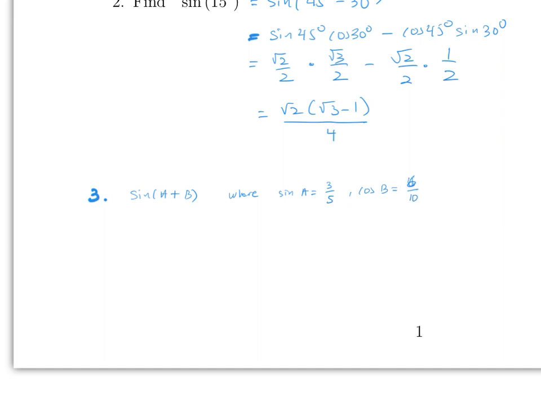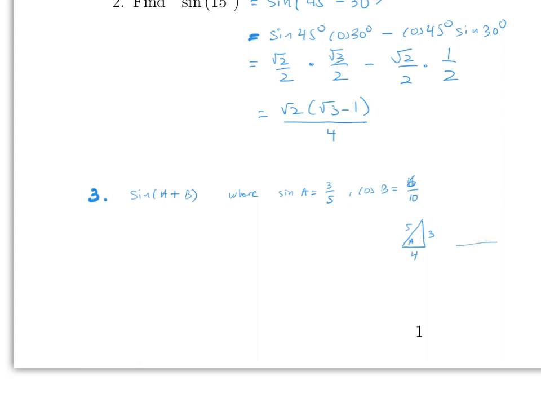Okay. Notice here, these are two separate triangles we have to do. So this is a, this will be 3, this will be 5. By the Pythagorean theorem, this is 4.